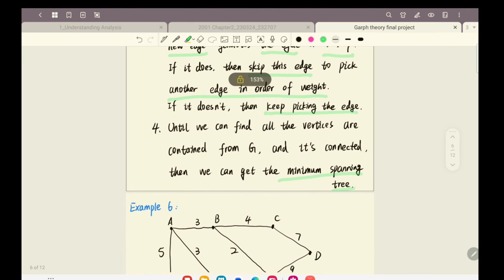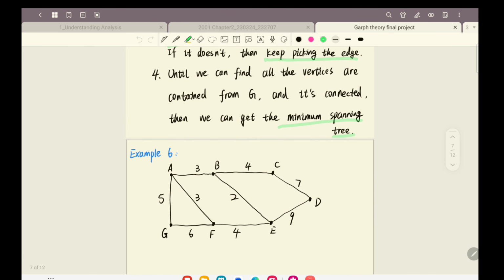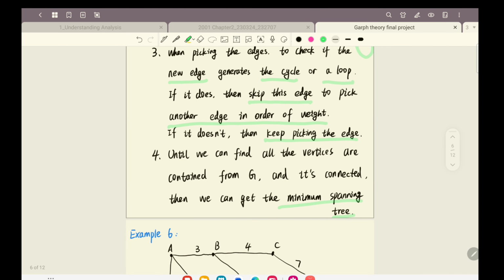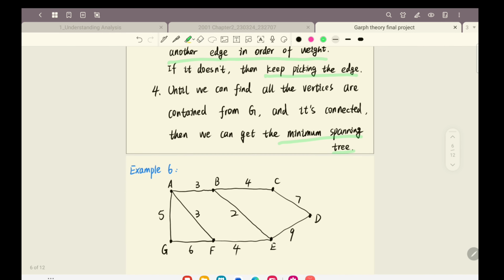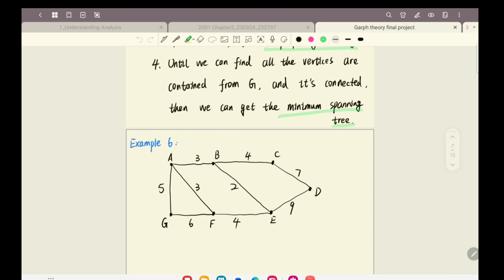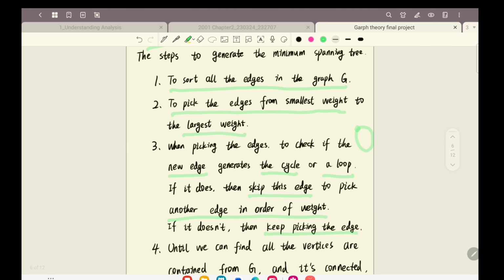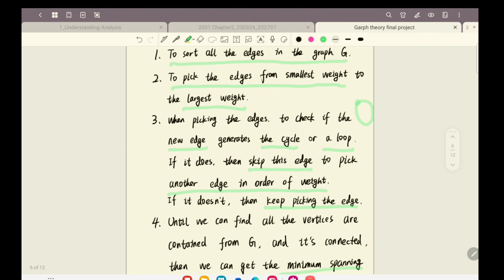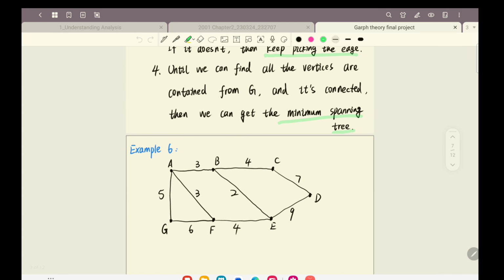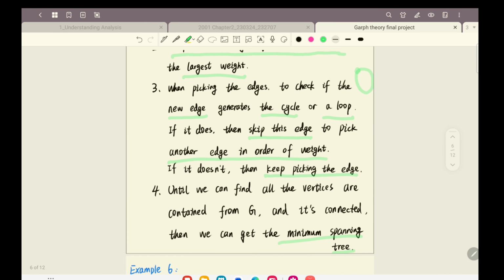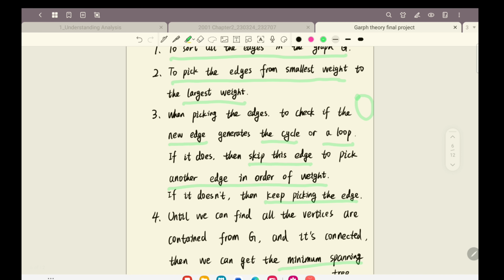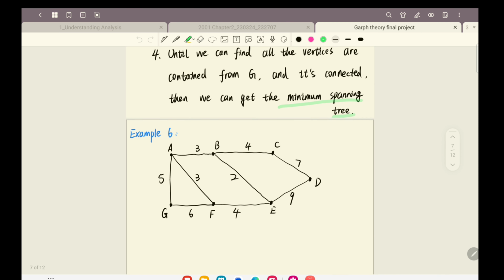So let's do an example to find the minimum spanning tree by those steps. In example 6, first we sort all the edges in the graph G, and we have done that. The second step, pick the edges from the smallest weight to the largest weight.